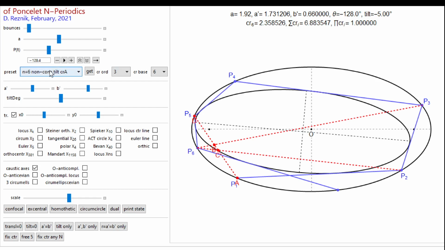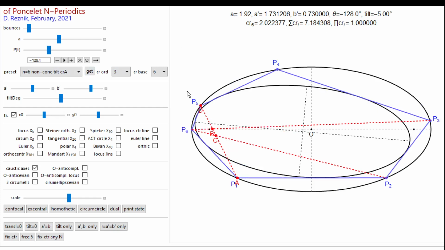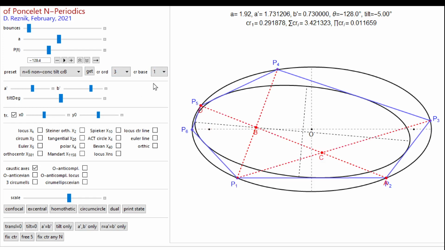Okay, so let's go back to our closing n equals 6. We're restoring some sanity here. It was just a side note, pretty interesting. Let's go to another choice of 3 diagonals for n equals 6, non-self-intersected. Here's another choice. Now you can see that my cross diagonal is no longer P1. Let's reference this to the first vertex, P1, and go back to the previous setup.